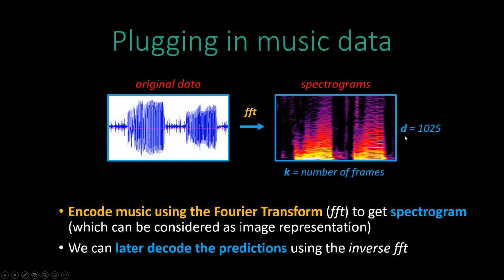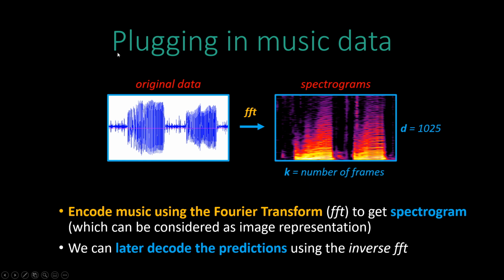What we also get is that the dimensionality of these vectors will be fixed. It depends on the setting that you use for the FFT, but you would get roughly this amount of numbers for each frame, for each unit of time. There are some parameters you have to decide on when using FFT, but that's besides the point.